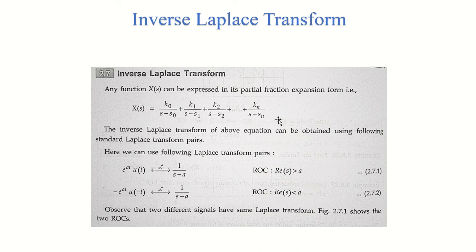But now you want to find the Laplace transform of this function e raised to at into u of t. Because you already know the Laplace transform of u of t is 1 by s.